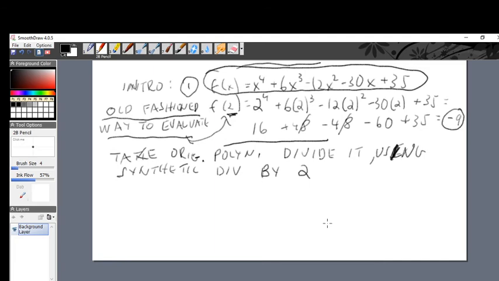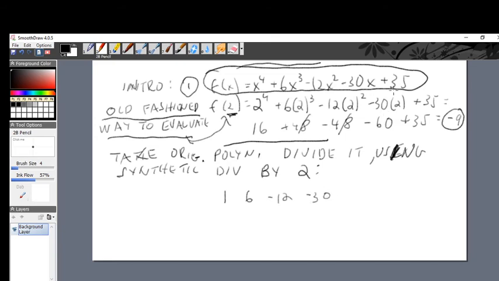Here's our plan. The coefficient of x to the 4th is a 1. The coefficient of x cubed is a 6. The coefficient of x squared is a minus 12. The coefficient of x is minus 30.